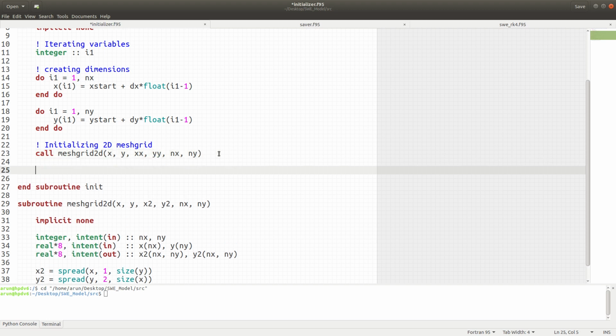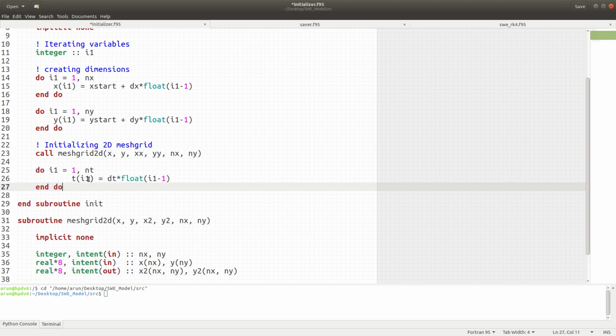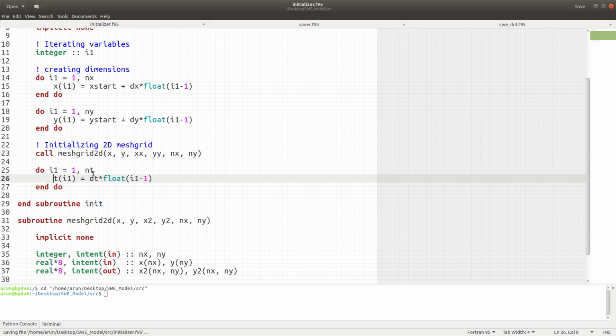And similarly, in the same spirit, let's create the time variable t. So t is going to start from 0 till the end, in steps of dt. If you want, you can also write this as t start and proceed with it, not a problem. Now let's go for the Coriolis matrix.